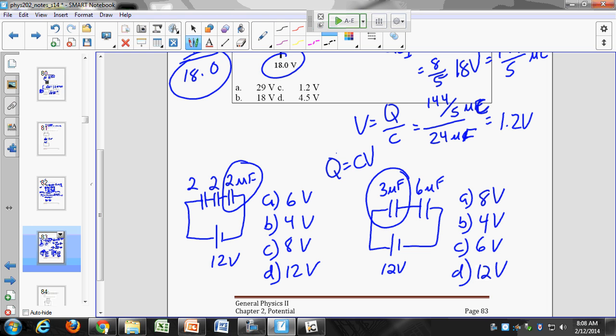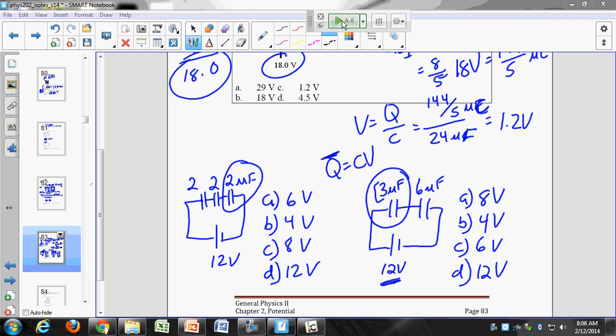Right, so the charge is identical for both of them. So that remains constant. And I'm asking you, what is the voltage on the smaller of the two? The one with the smaller capacitance, I want to know what its voltage is. They have a factor of 2 difference in their voltages, and the sum of those voltages has to add up to equal 12.